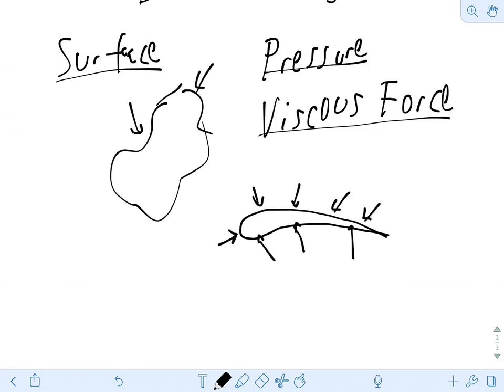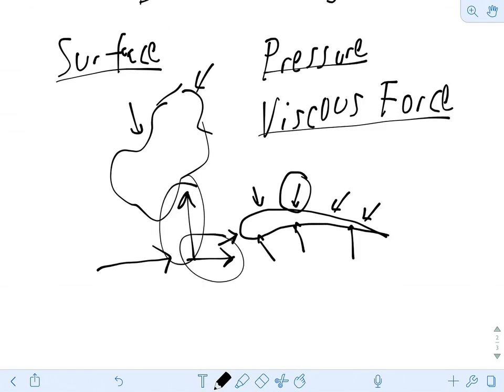It's up to you to convert that force into the components. For example, if this is an airfoil and this is the free stream flow direction, then by definition this is lift and this is drag. So it would be up to you to transfer these forces into these two principal vector directions for force. Again, pressure acts normal to the surface.